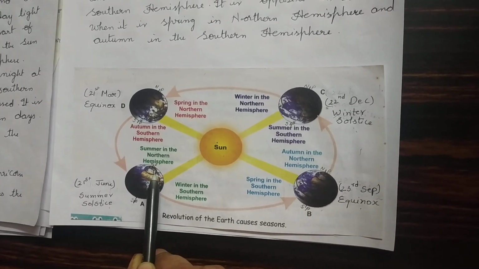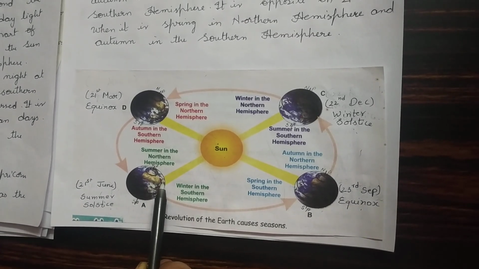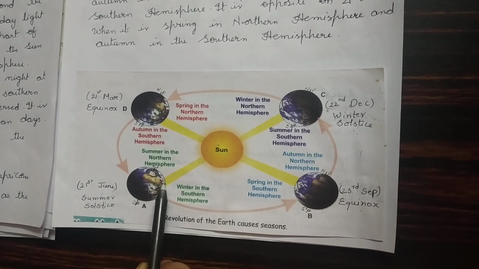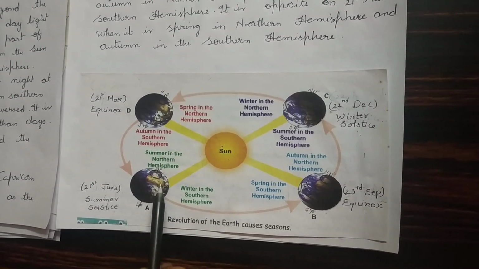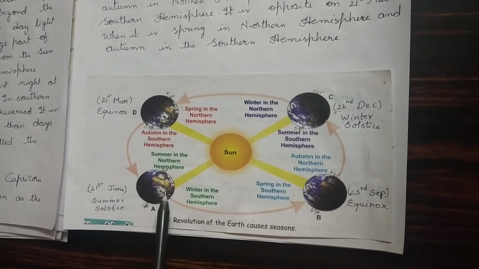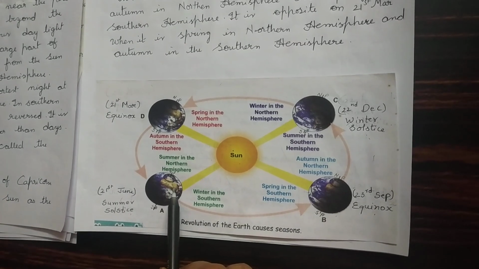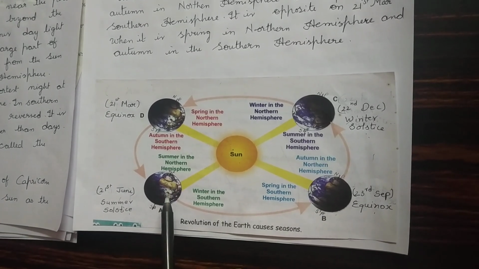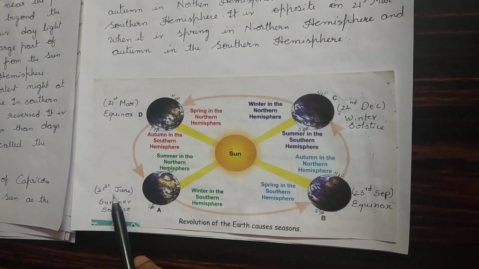So, areas near the poles receive less heat, and the places beyond the Arctic Circle experience continuous daylight for about 6 months. Since a large part of the northern hemisphere receives light from the sun, it is summer in the northern hemisphere. The longest day and the shortest night at these places occur on 21st June.